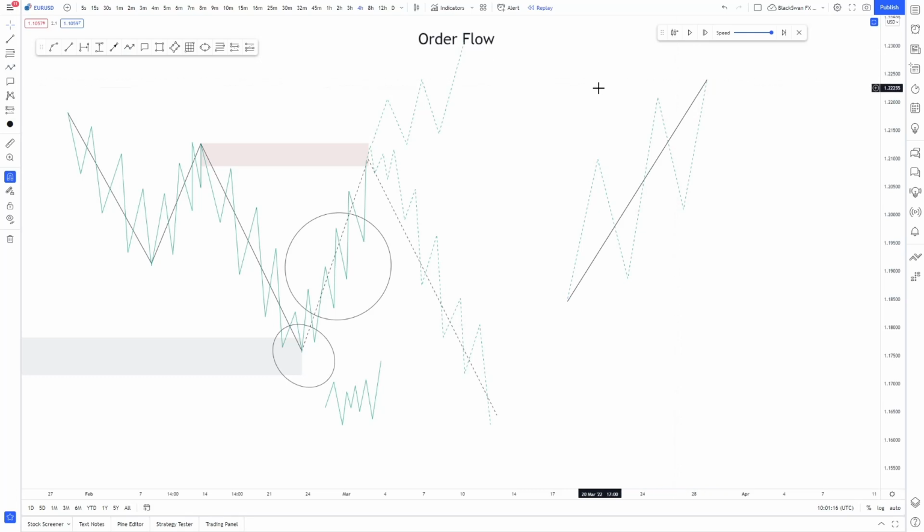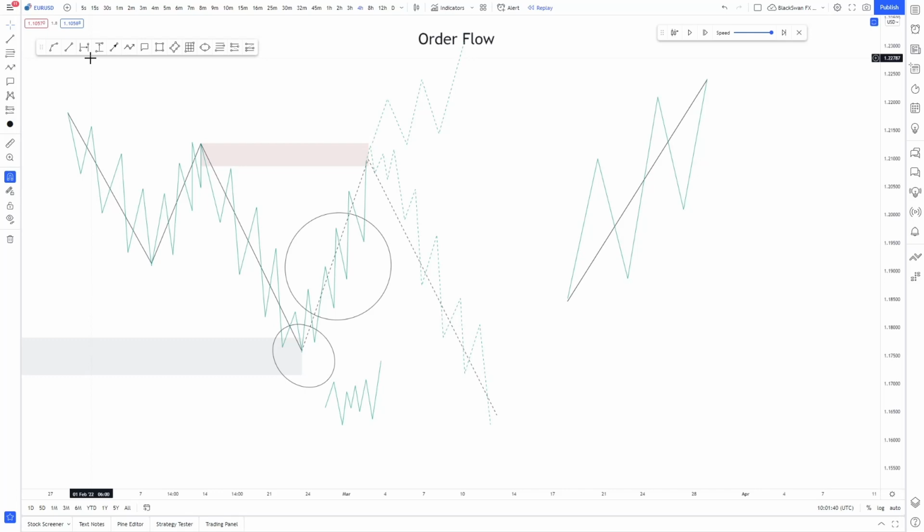And it's exactly the same thing. As the 4H is playing out, we can have an expectation of 15M, because 4-hour structure is delivered to us, from an order flow perspective, through the 15M. So 15M is the order flow for 4H structure. This is the best way to think about it.